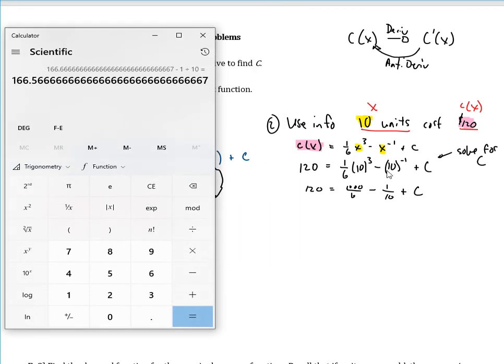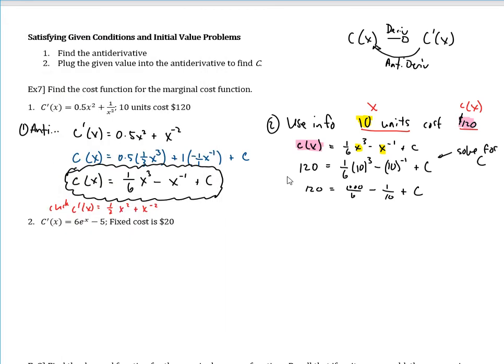Okay, I'm going to move that to the side. So we have 120 equals 166, let's do 2 decimals, so we'll just say 57 plus our constant. And then, well, I could just subtract that on over, minus 166.57.